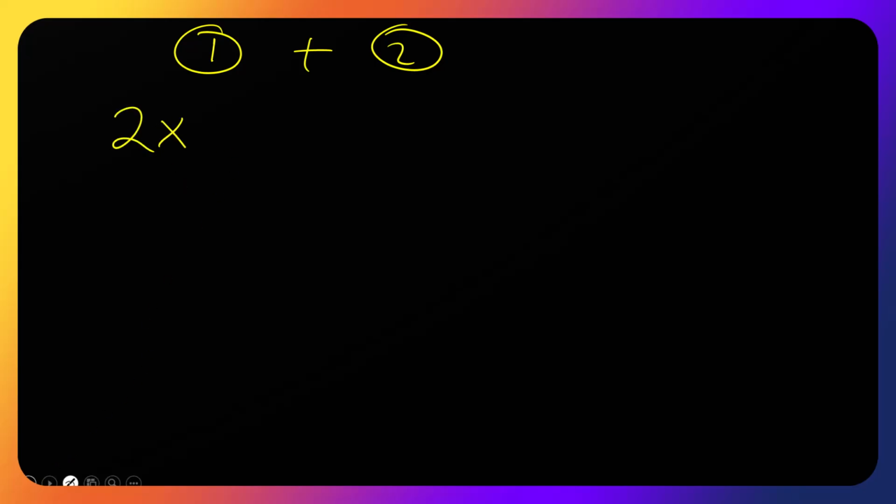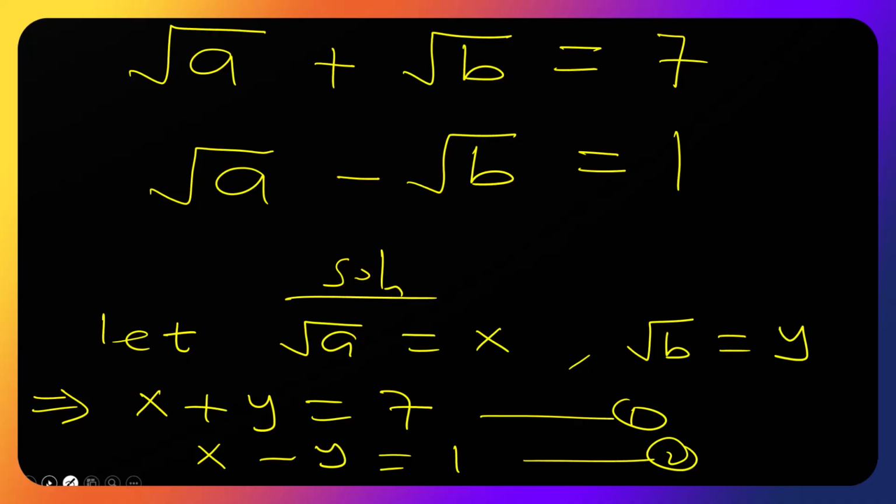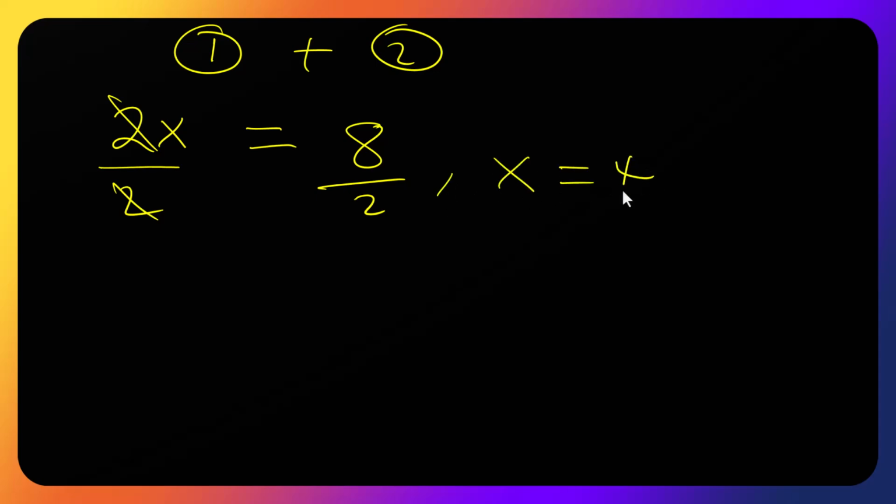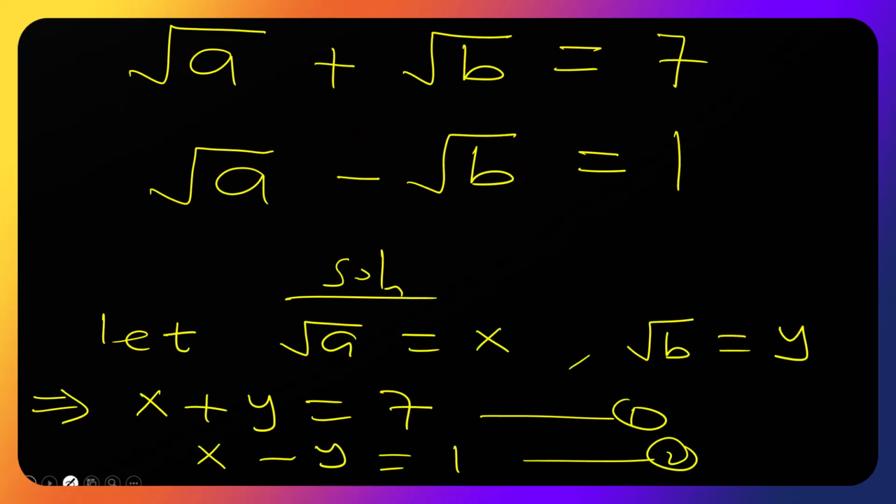Then Y minus Y will go, 7 plus 1 is 8. From here you can divide both sides by 2. So X is straight away 4. Alright, so we have X equals 4.